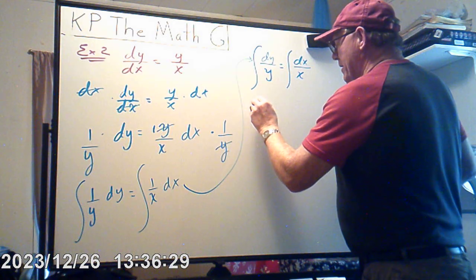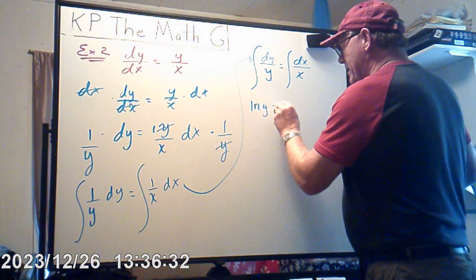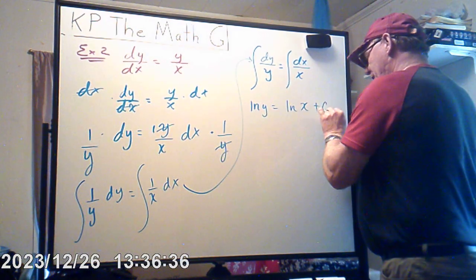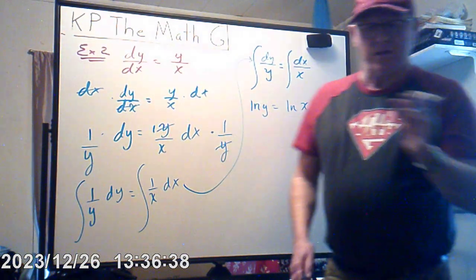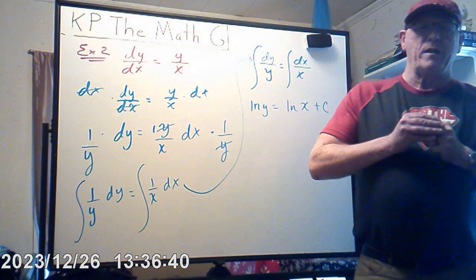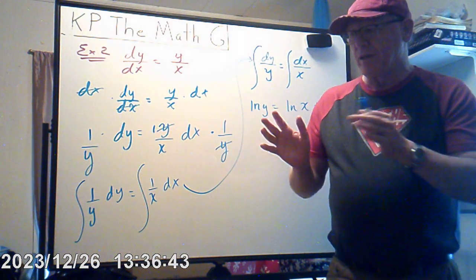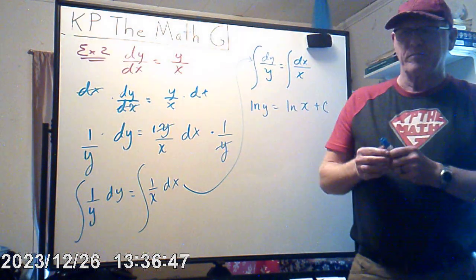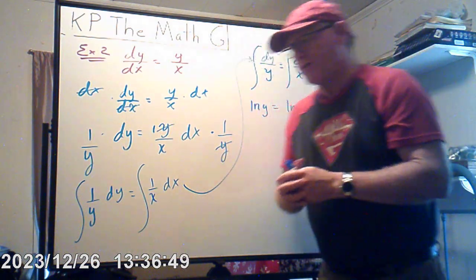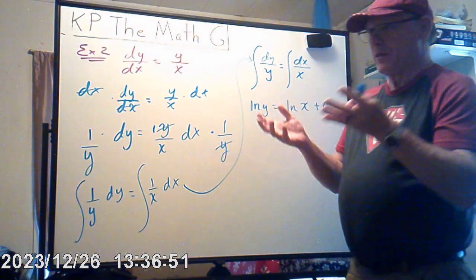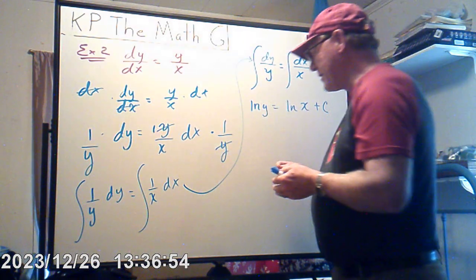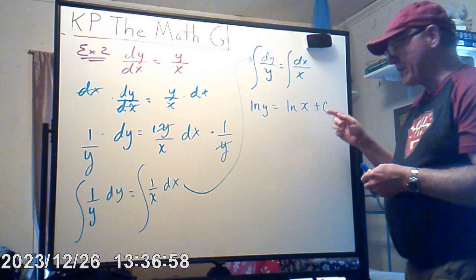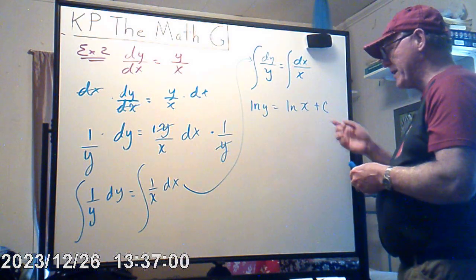We have from here ln y is equal to ln x plus c. Do not forget the plus c. I'm reminded that when I went to workshops, all the teachers emphasized, do not forget that plus c.